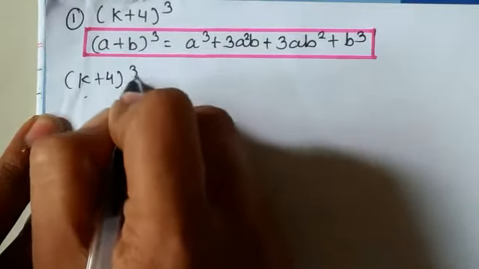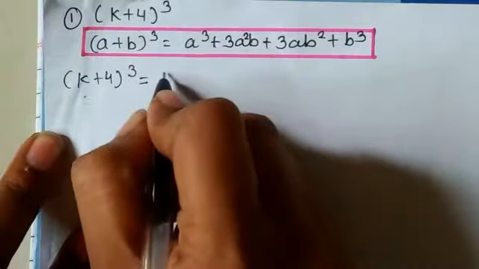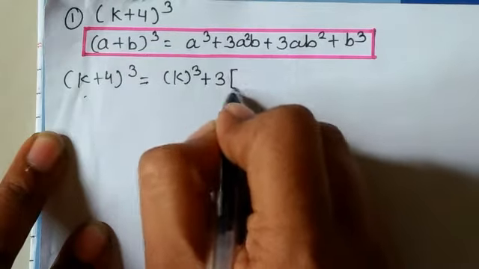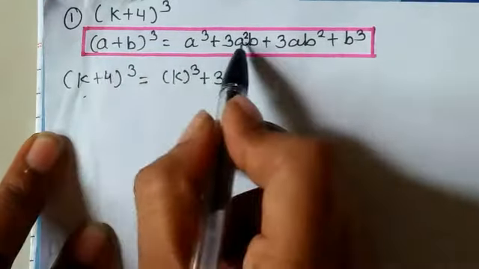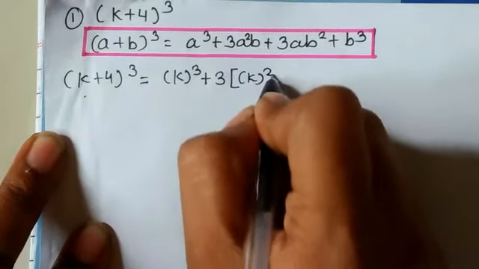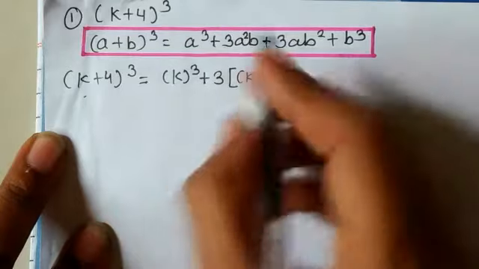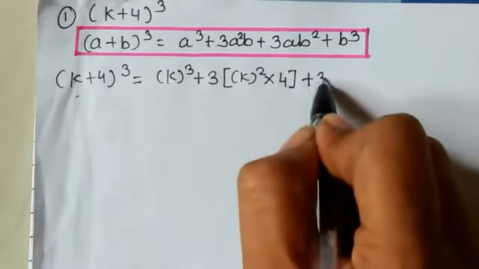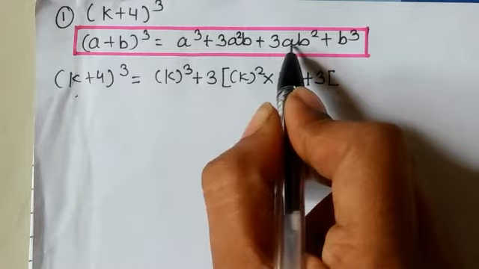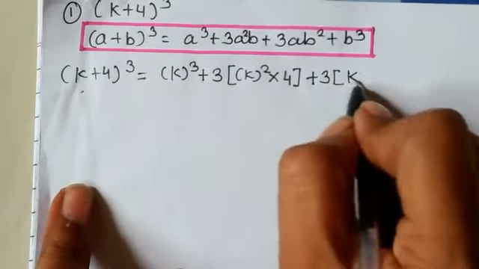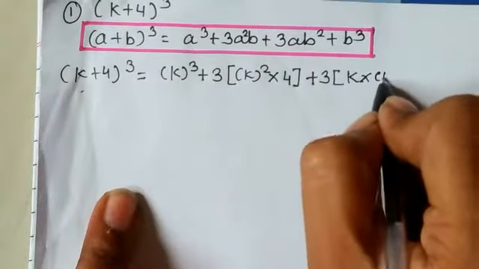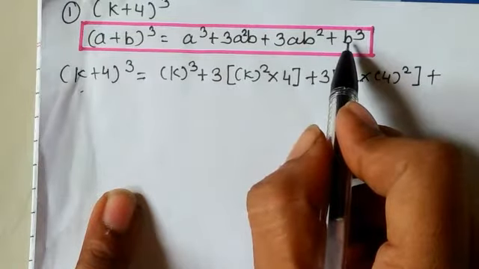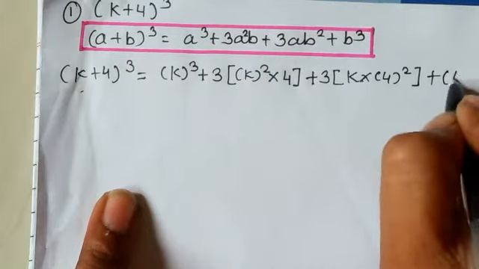(k plus 4) raised to 3 is equal to first term's cube, it means k's cube, plus 3 is going to multiply to the first term square, it means k square is going to multiply to the second term, it means 4 bracket complete, plus now 3 will be as it is, and here first term will be as it is and second term square, it means k is going to multiply to the square of 4 bracket complete, plus now at last second term's cube, it means cube of 4.